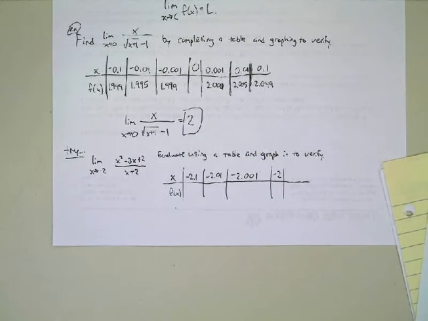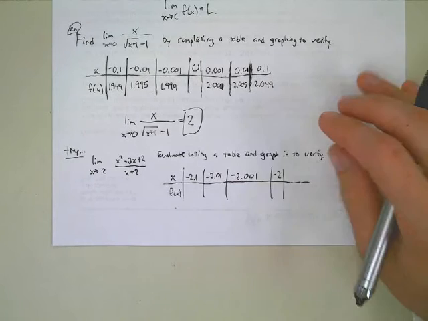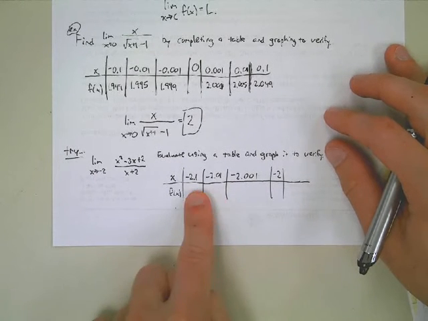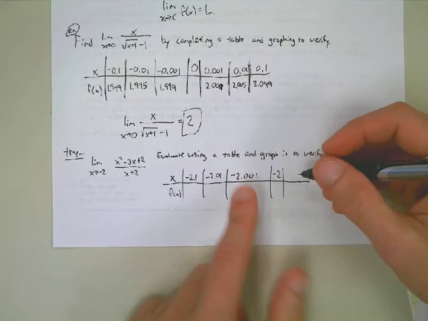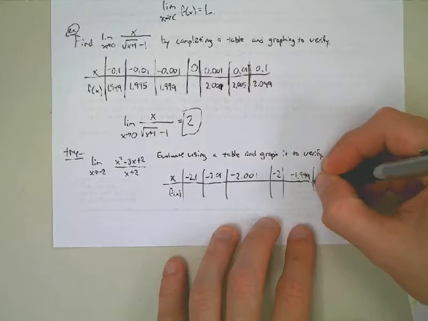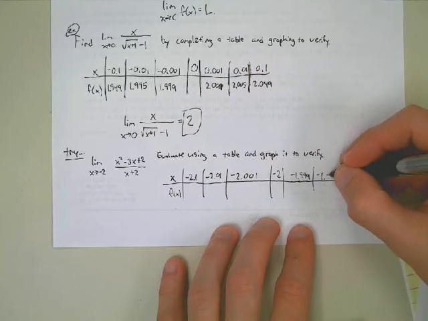Because it's negative, these values are actually to the left of -2. And the values to the right of -2 are like -1.999, -1.99, and then -1.9.